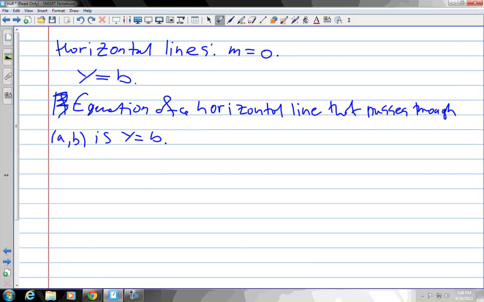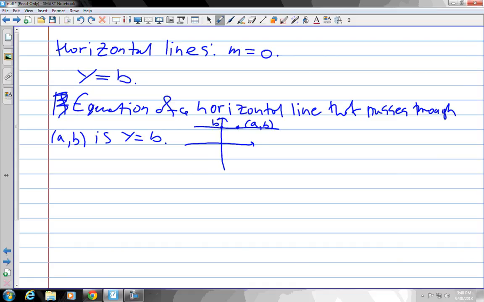So it's flat. So graphically speaking, here's the point (a, b), and here's that horizontal line. It will hit the y-axis at b, so y equals b always. Okay?